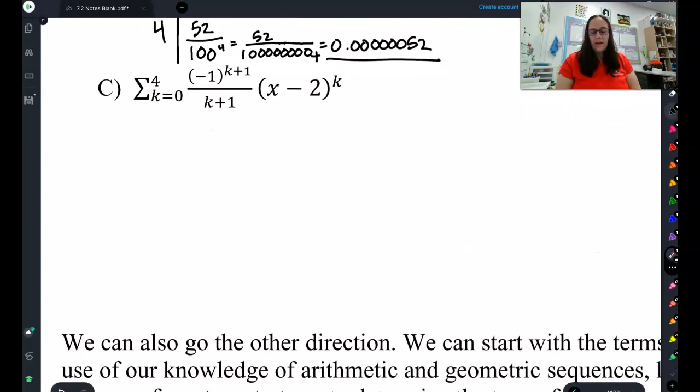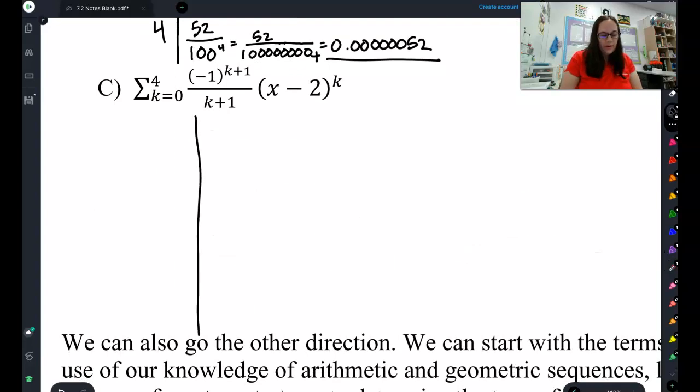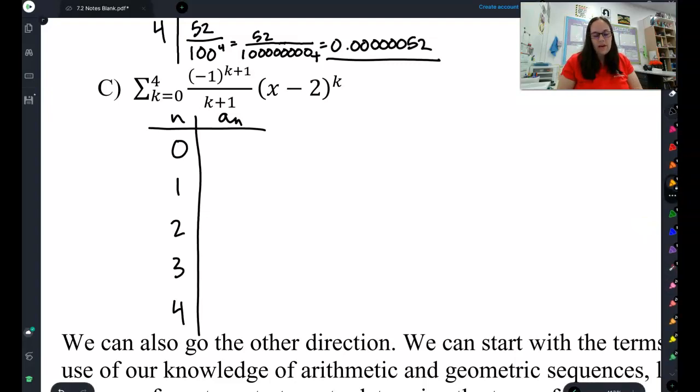Okay, last example. N, a sub n. We've got 0 to 4 this time. Now, notice this one specifically says k equals 0. That means you're plugging these numbers in for k, not for x. So the x you're actually totally leaving alone. So you should get something like this.